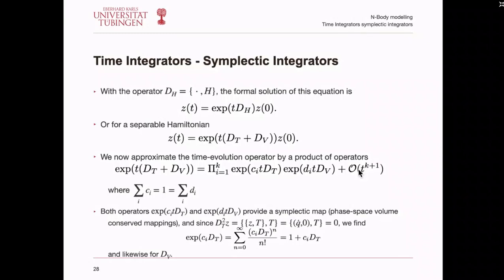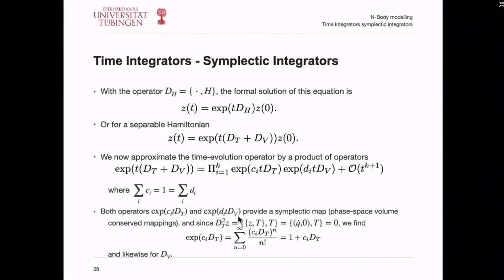Now it can be shown that both of these exponential operators, of kinetic energy and potential energy, provide a symplectic map. That is, they conserve the phase space volume.